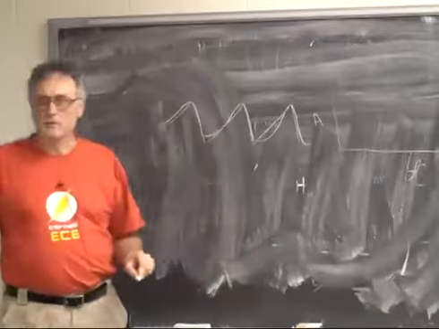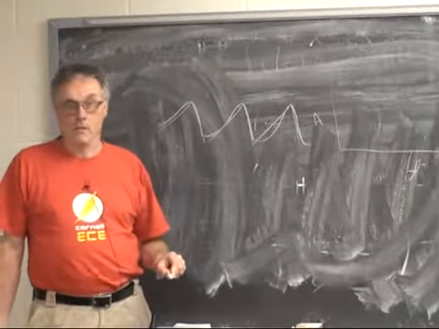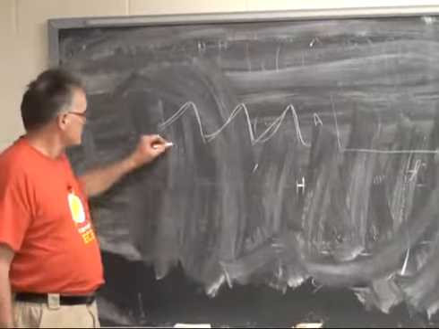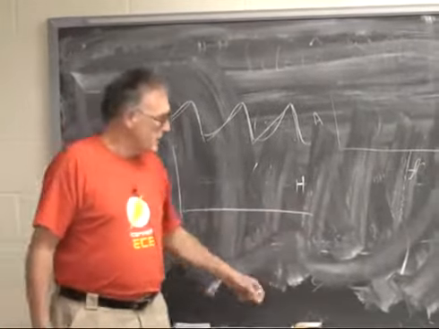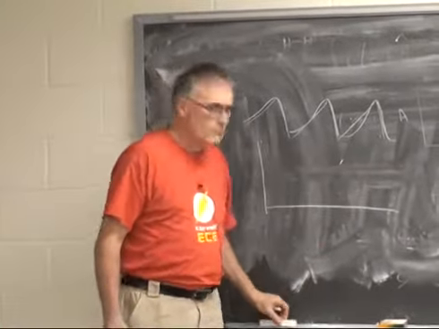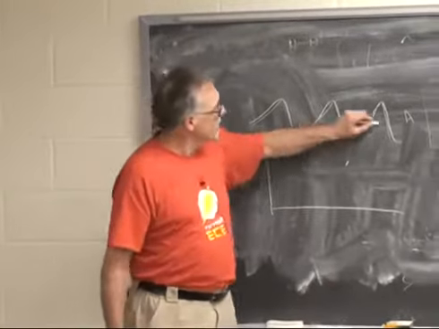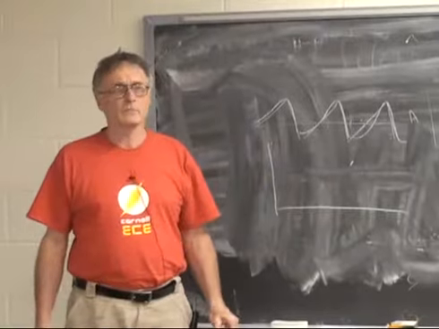Anybody remember what the power spectrum of a sawtooth is? Does it have odd or even harmonics or both? Is it symmetric about this line? No. Therefore, it has even harmonics.